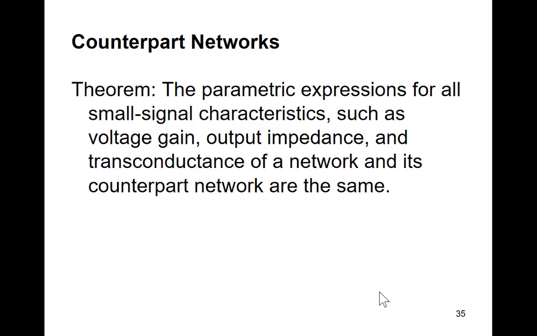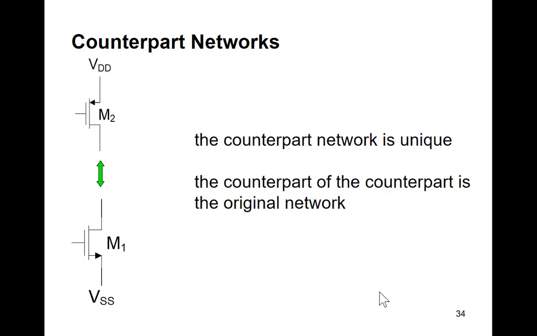So, if you go back to this network here, the small signal voltage gain from here to here is going to be gm over gout. Small signal voltage gain from here to here is gm over gout. It's true for any network and its counterpart. Small signal expressions are the same. Values aren't the same because the parameters of the devices may be different, but the expressions are the same.